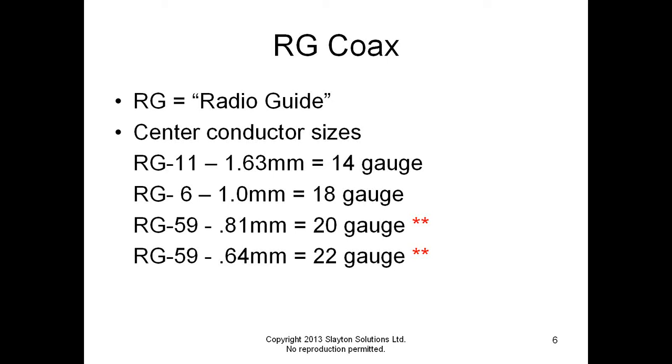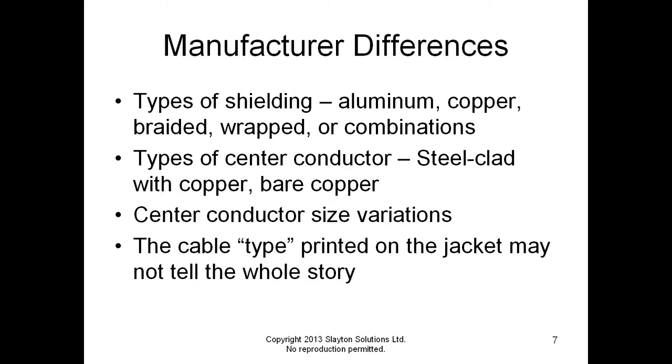RG59 is going to have either a 20 or 22 gauge center conductor, and that's the most common type of cable that we will find when we go out to update an existing analog CCTV system. Notice the 2 red stars next to those 2 numbers. That's something that's going to be important for you to remember for your ESNT certification test. So remember that RG59 has both 20 and 22 gauge center conductor sizes.